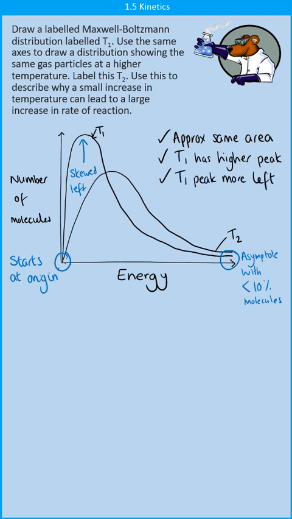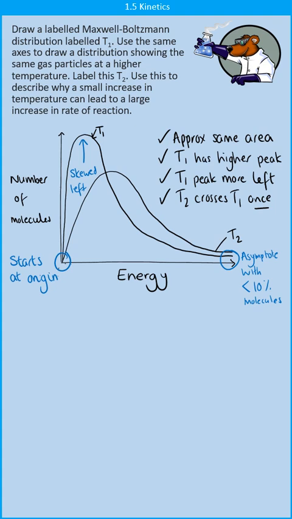Then our third thing is that the T1 peak is of course going to be further to the left, because this is the cooler temperature, so the particles have less energy on average. And then also it's important on the right hand side that we don't cross back over from T2 to T1. So basically you're always expecting for high energies for there to be more particles with that energy for T2.